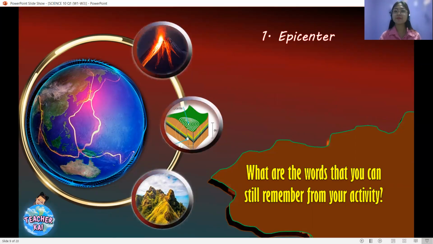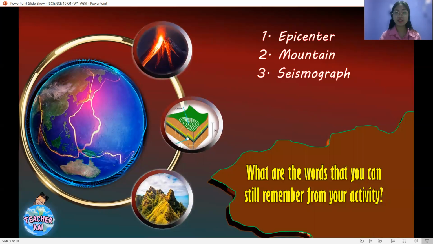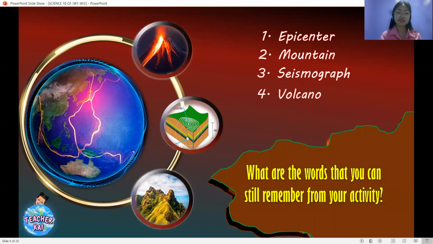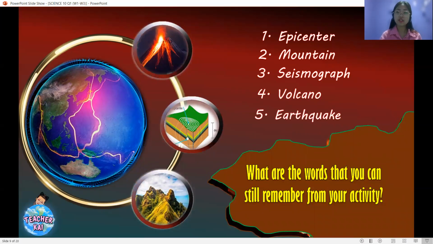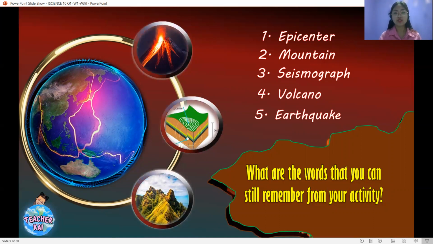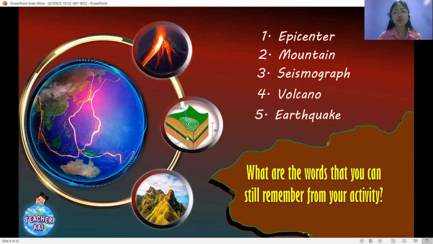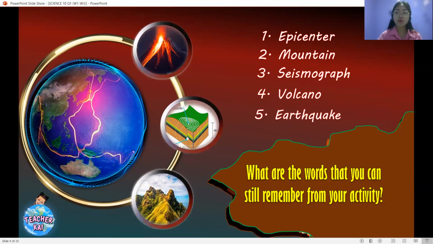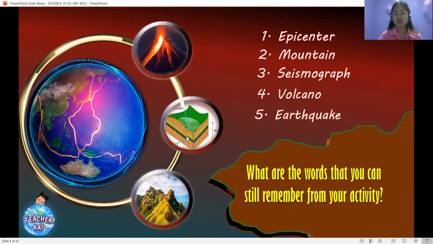And those are epicenter, mountain, seismograph, volcano, and earthquake. So these are the words that are very important in this lesson. So as we go along in our discussion, we will encounter these words. So I want you to remember and be familiar with these words.